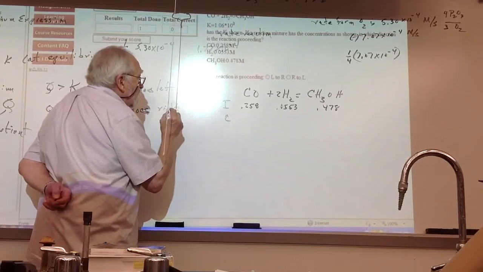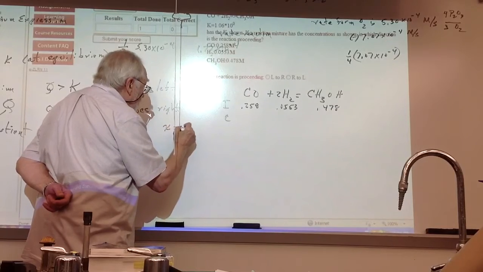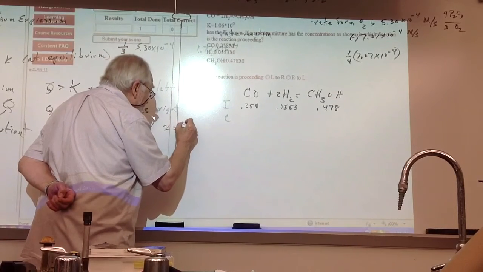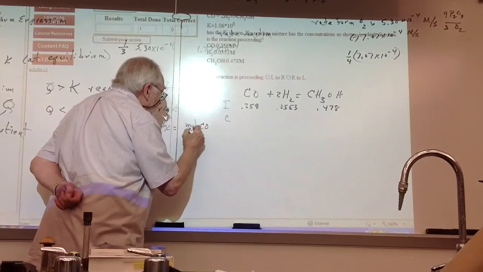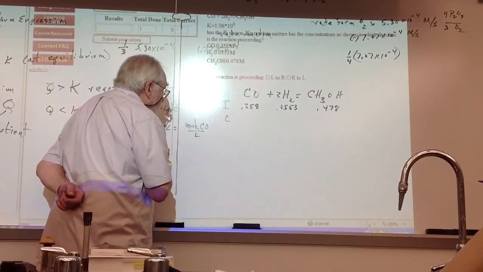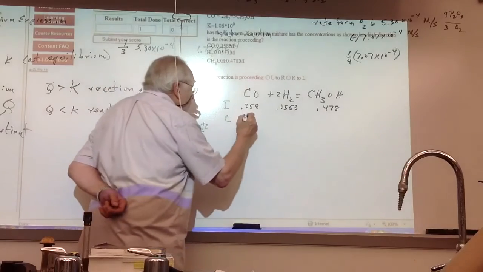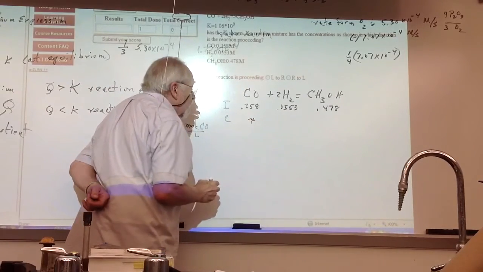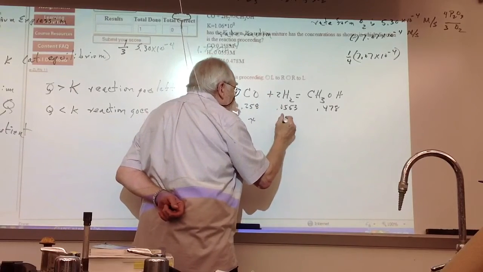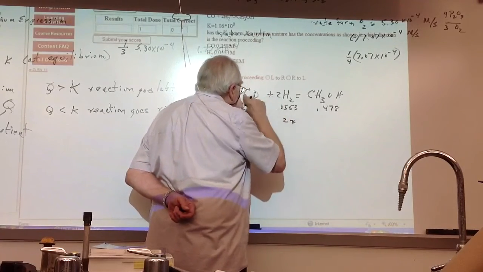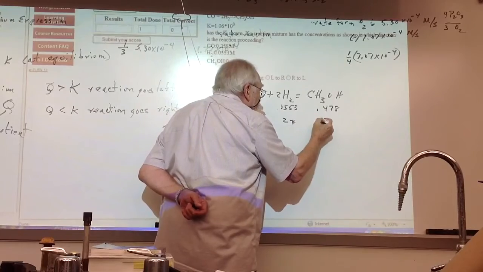And the change is going to have the units moles CO per liter, molarity. I'm going to put an X here. And I'm going to put a 1 to 2 mole ratio, so this is 2X, 1 to 1, 1X.